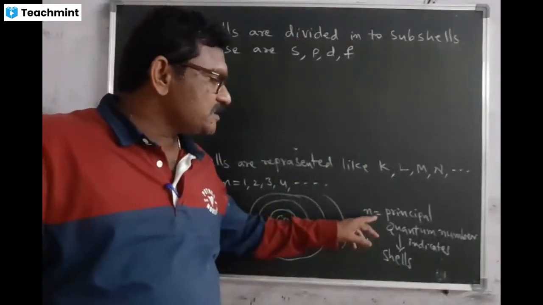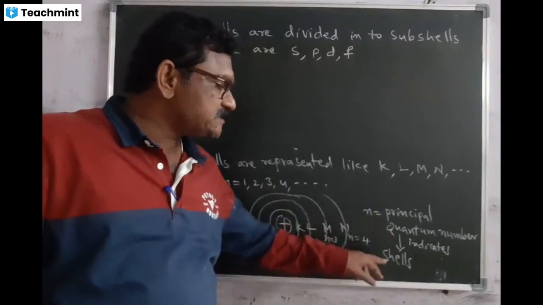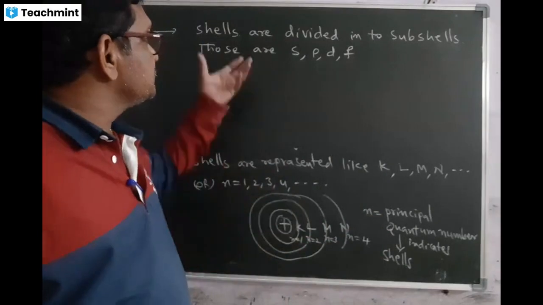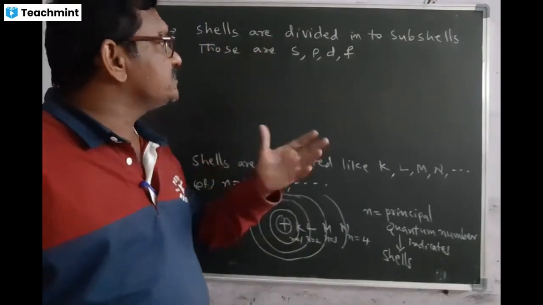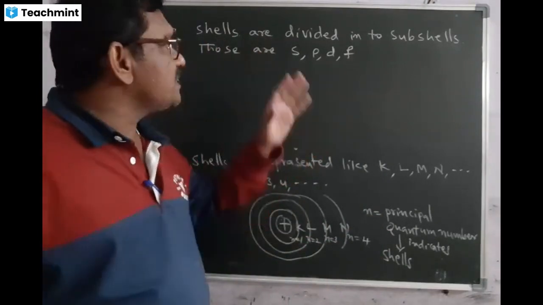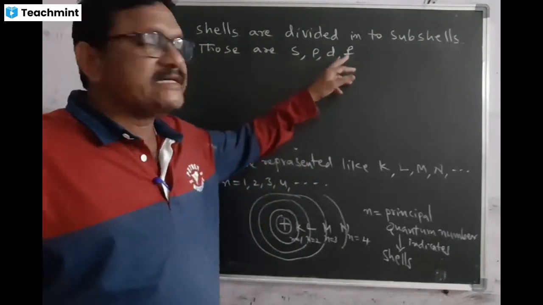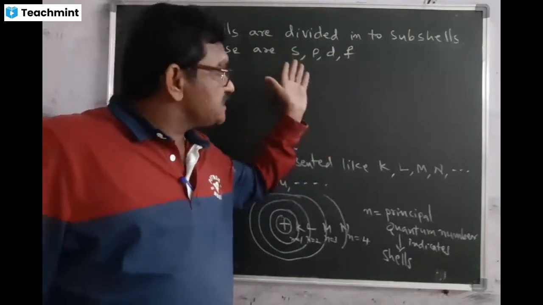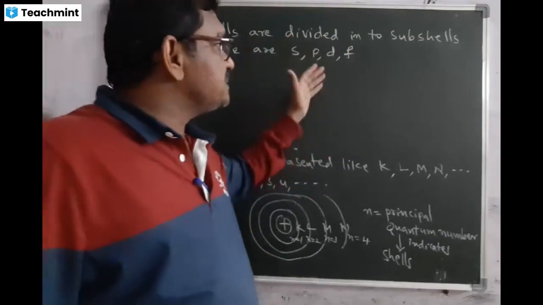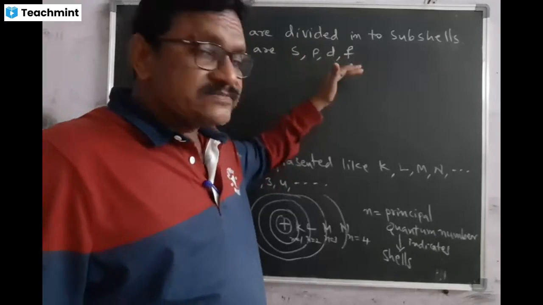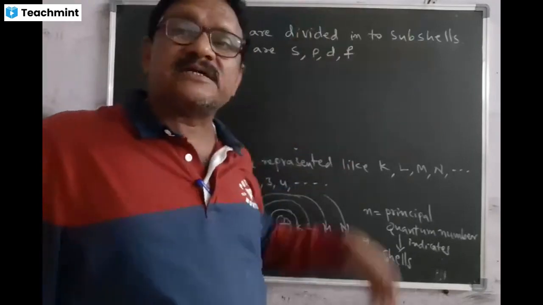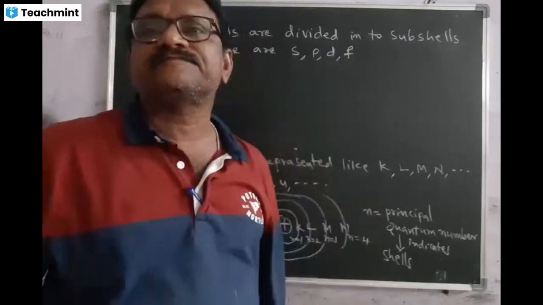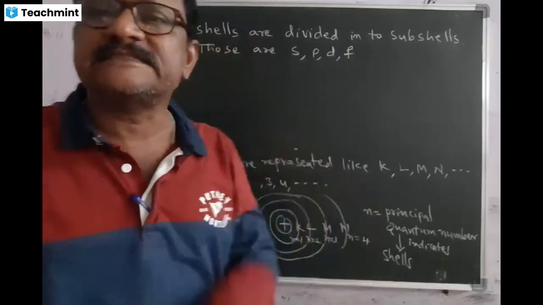So the principal quantum number n indicates the number of cells. Then cells are again divided into subcells. What are those subcells? S, P, D, F. So S is a subcell, P is a subcell, D is a subcell, F is a subcell, and one more, G is also a subcell. These subcells are present in cells.